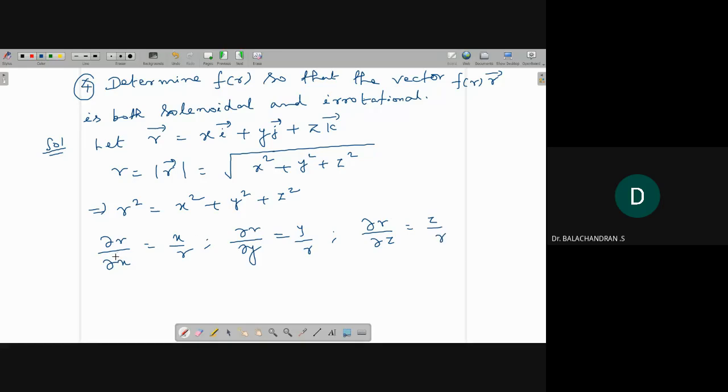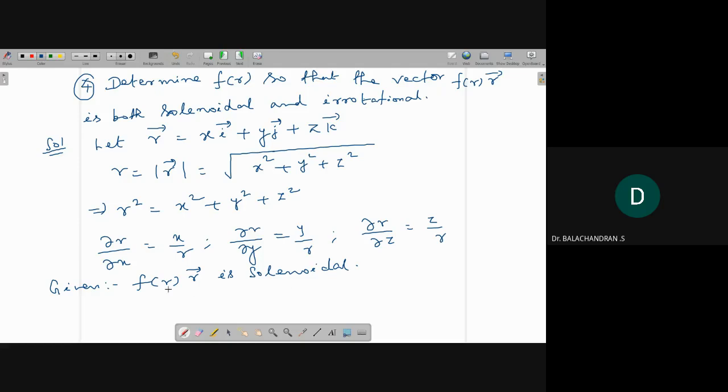So that's why I skipped that part. Directly I write, and then what is given in the question? F of r into r vector is solenoidal. So this is given in the question.